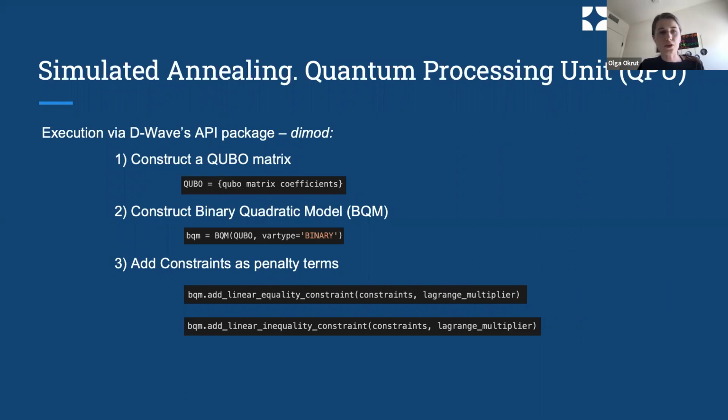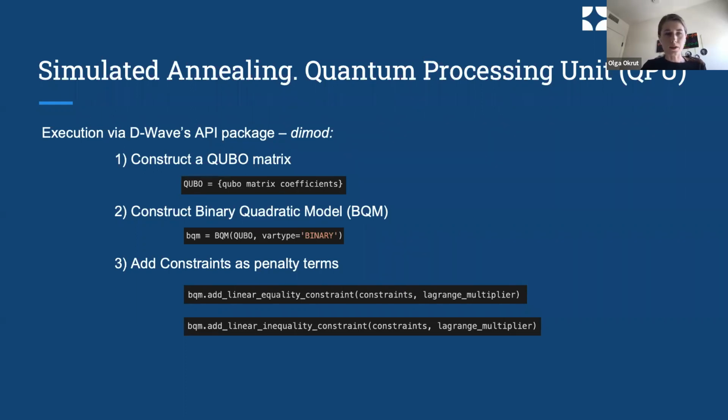In our research, we used a binary quadratic model, BQM. But of course, depending on your needs, you can try to use a constrained quadratic model, CQM. Then you can add your constraints and the penalty terms together with penalty multipliers.